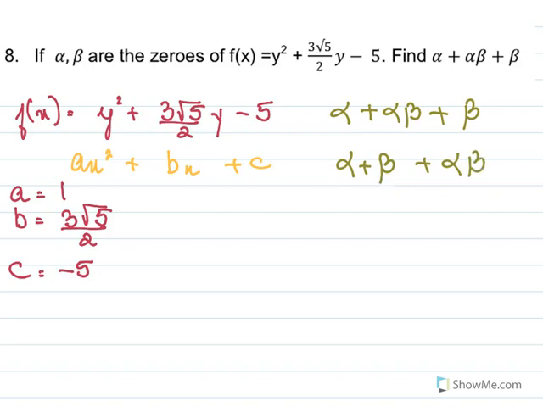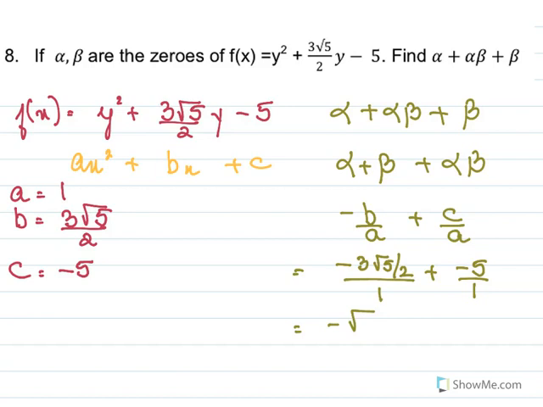Now alpha plus beta we know is minus b by a. Alpha beta is c by a. So let's put the values. Minus b by a is minus 3 root 5 over 2 over a is 1, c by a is minus 5 over 1.